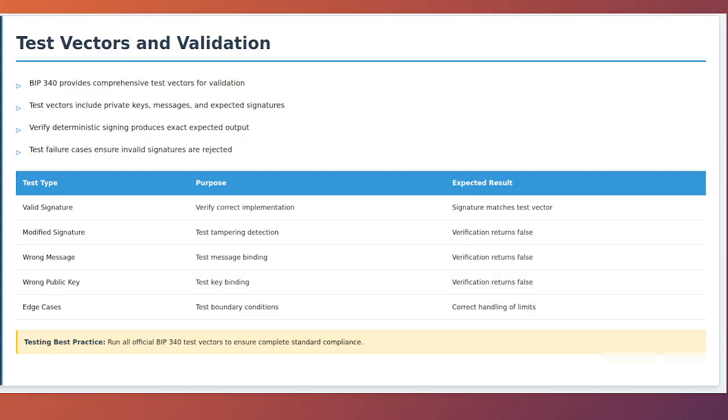It is also important to test edge cases, such as zero values, maximum values, and boundary conditions. Testing with the official BIP 340 test vectors ensures our implementation is compatible with other conforming implementations. This is essential for interoperability in systems like Bitcoin, where multiple implementations need to work together correctly.